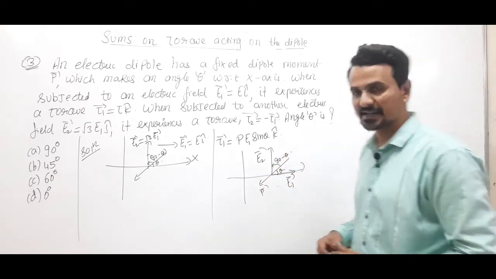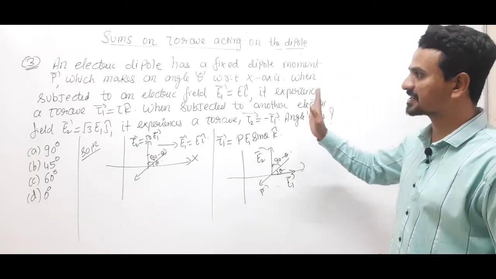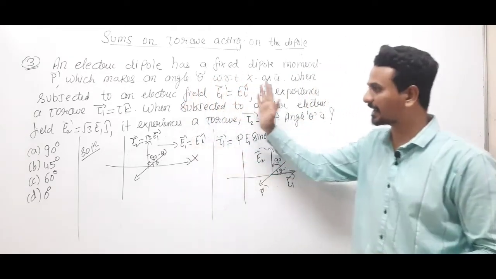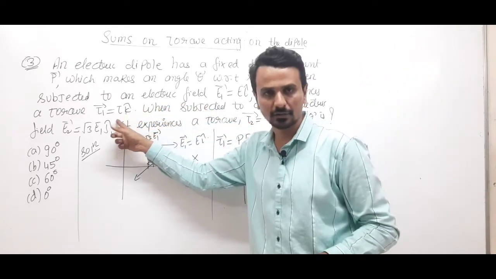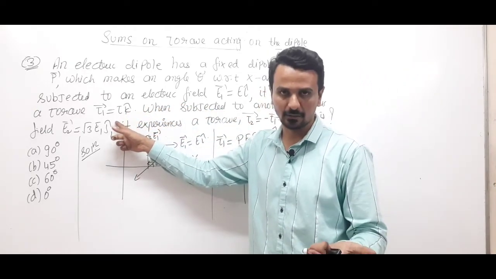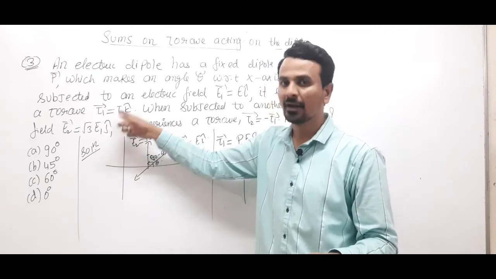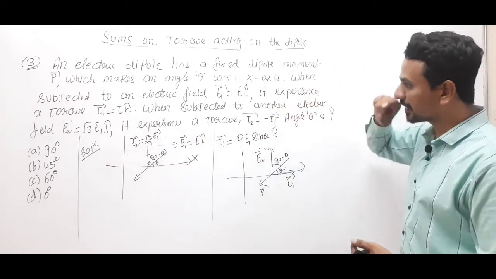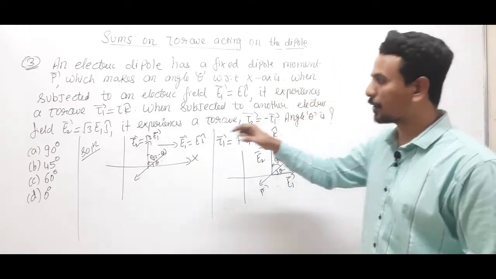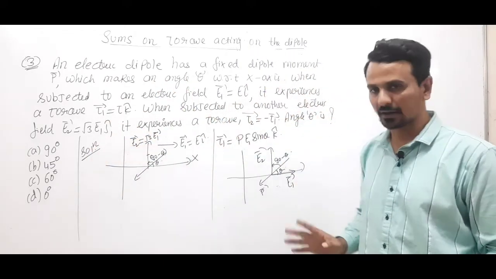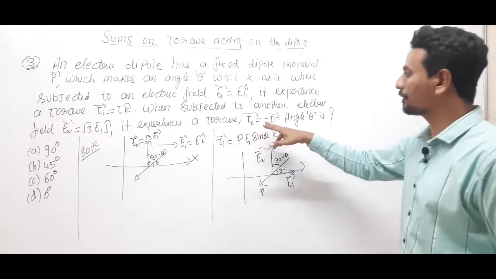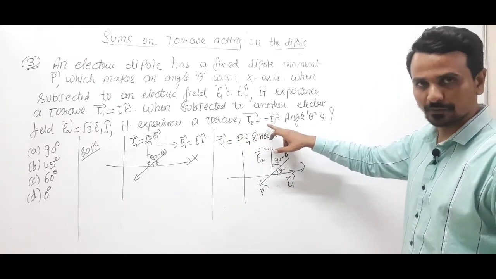So the question says when a dipole is placed at an angle theta and you are applying an electric field along the x direction, it experiences a torque along k, that is along z, and τ1 equals τ into k̂. Now another electric field is applied along the y direction whose magnitude is root 3 times E1, then it experiences a torque which is τ2 equals minus τ1, right?